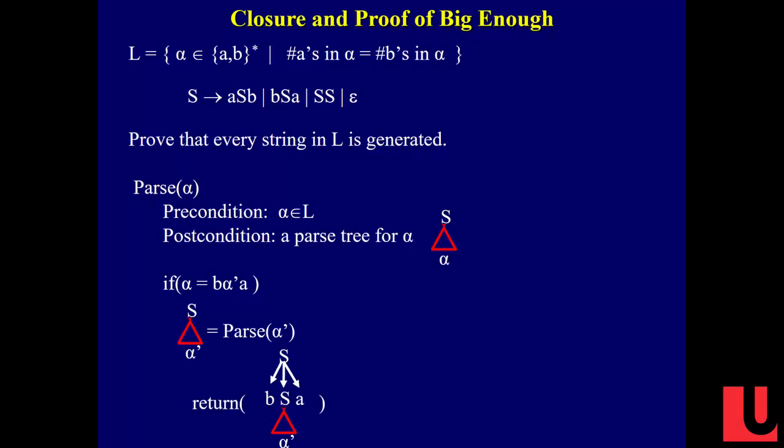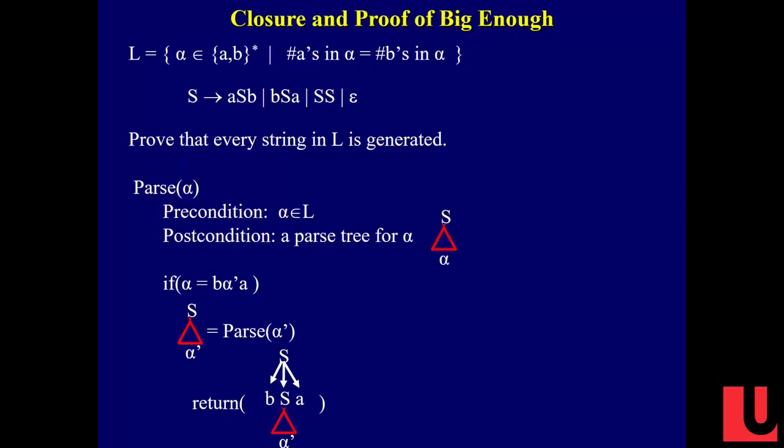So now we ask our friend to parse this. And how is our friend going to parse it? He's going to see it begins with an A and a B, so he's going to ask somebody to parse this. So this is going to go to S, which is going to go to A, B with this.